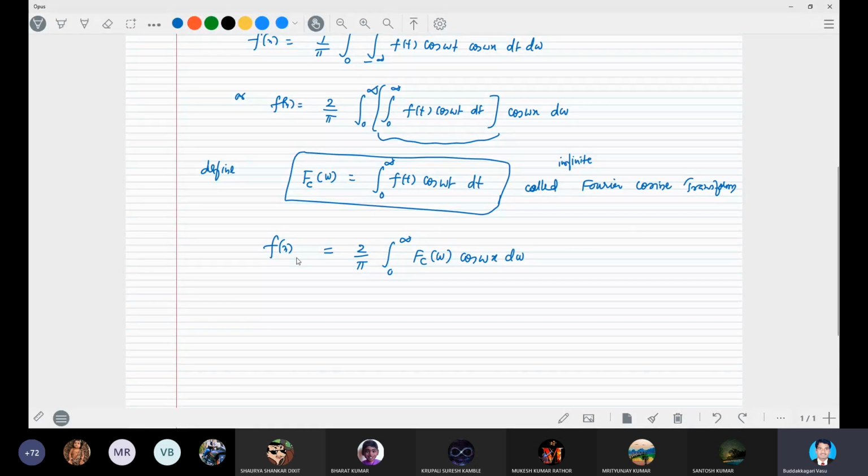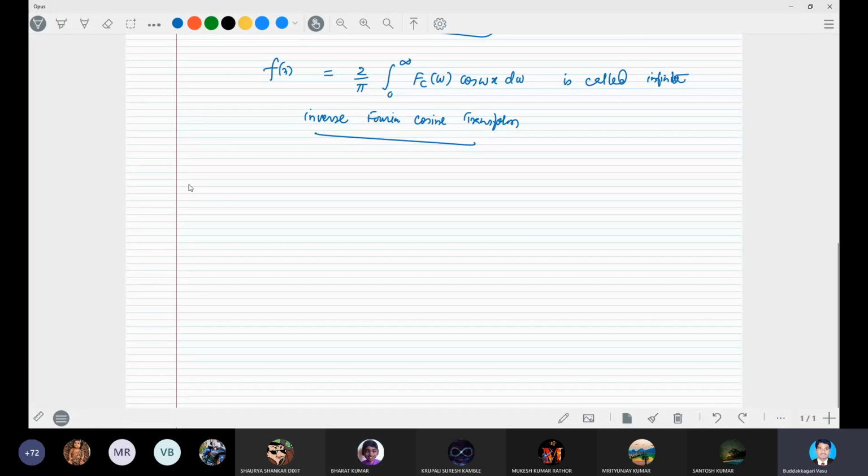So this is called the inverse Fourier cosine transform. This is important. This f(x) is the inverse Fourier cosine transform, and Fc(omega) is the Fourier cosine transform of function f(x). That is in the infinite range, so that's why it is called the infinite Fourier cosine transform, right?